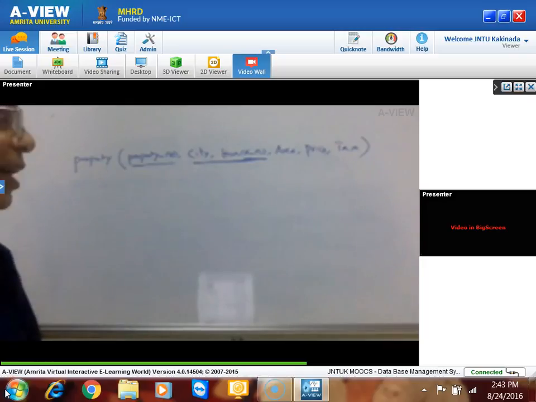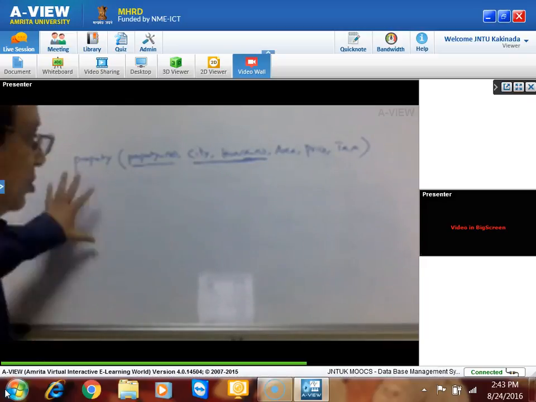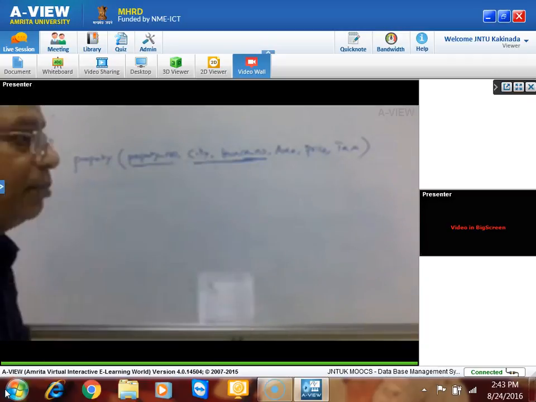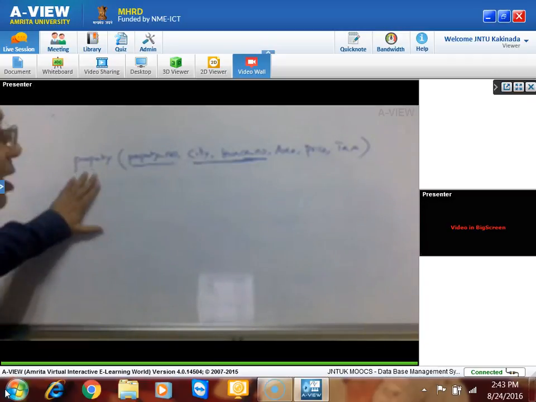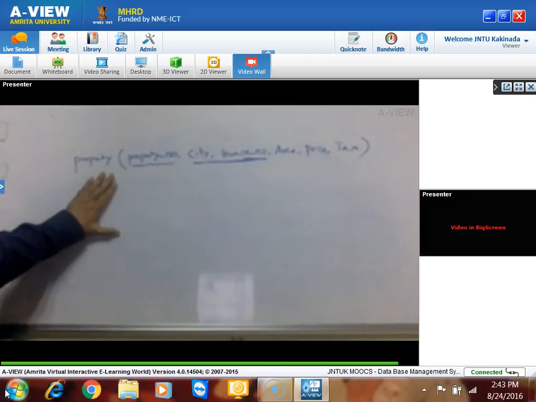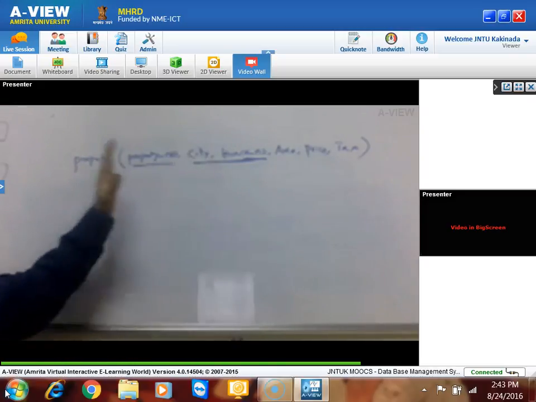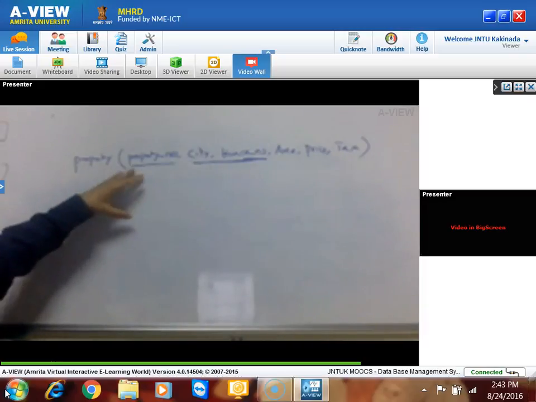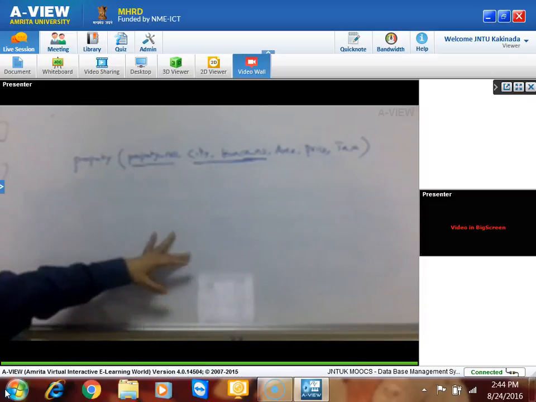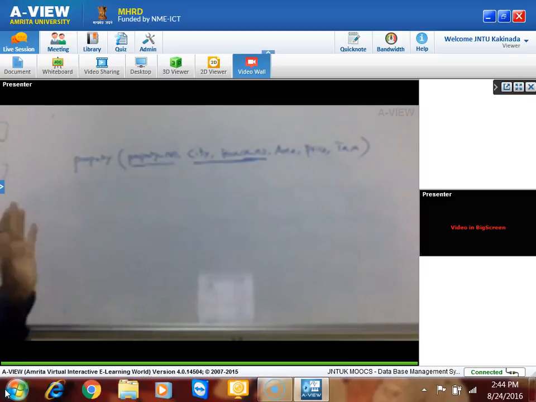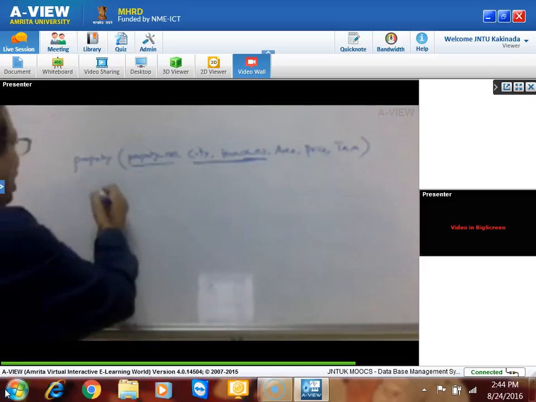Now let us say I capture all my data using this table, the relational data table. This is how I am going to capture the property data into my system. My property data will have the following attributes. The values of each one of these attributes will be captured as rows into my table.